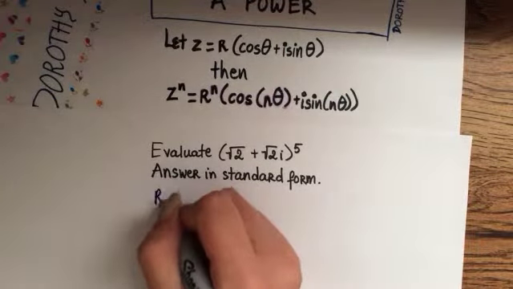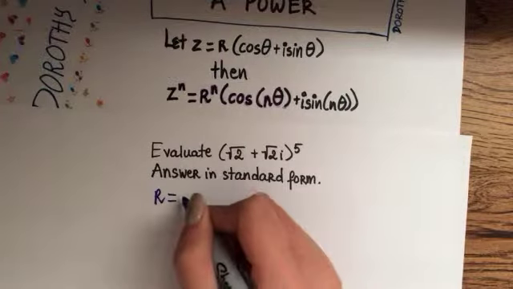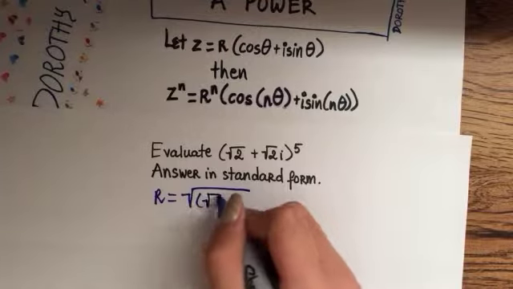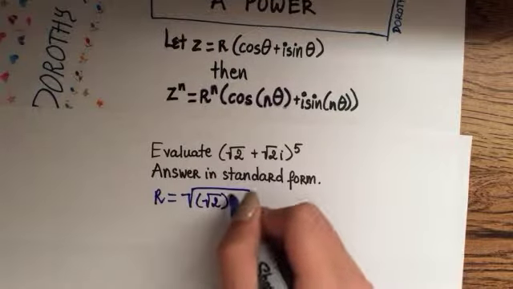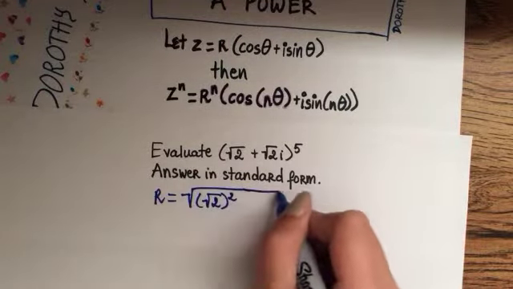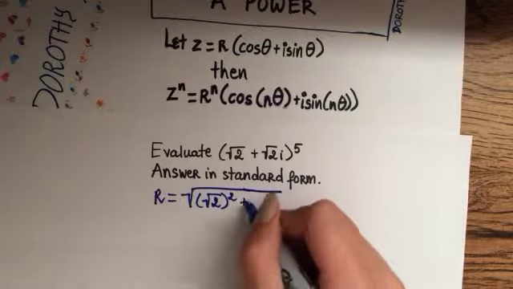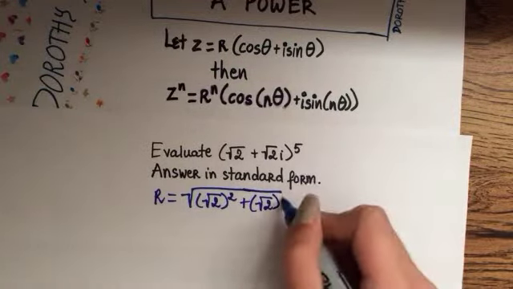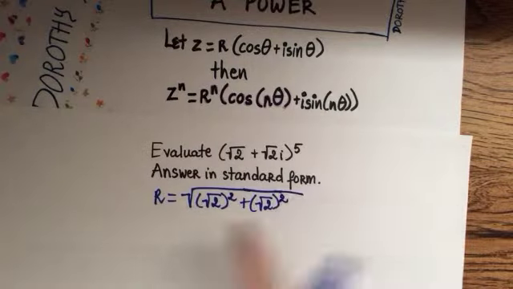To find your r, you have the square root of (square root of 2) squared plus (square root of 2) squared.